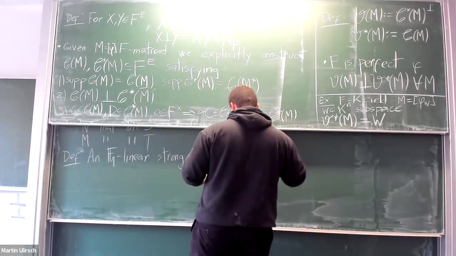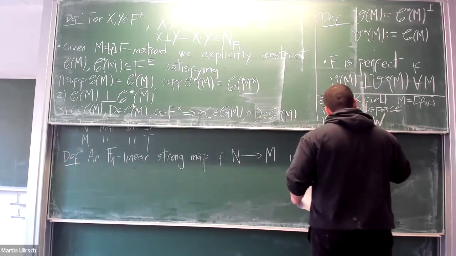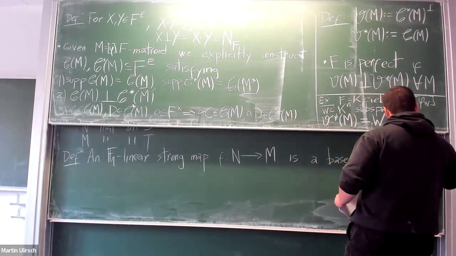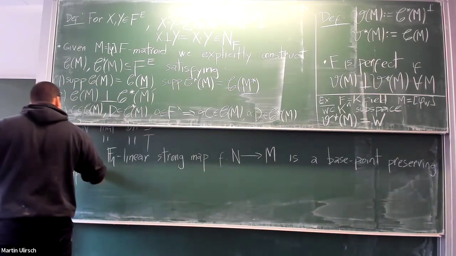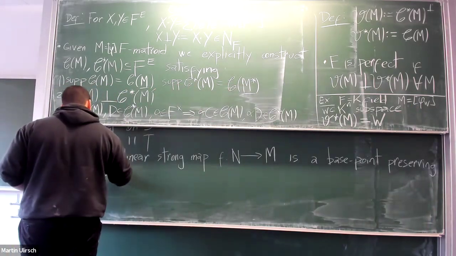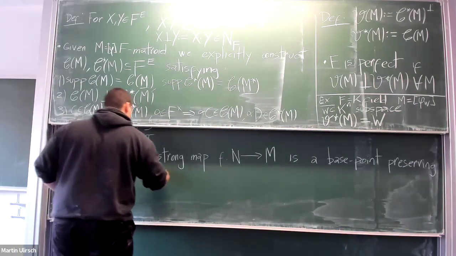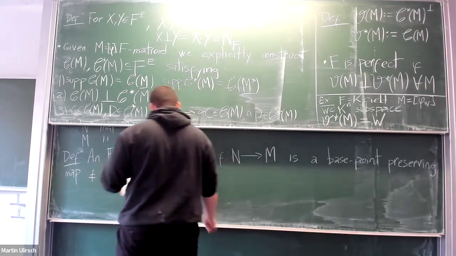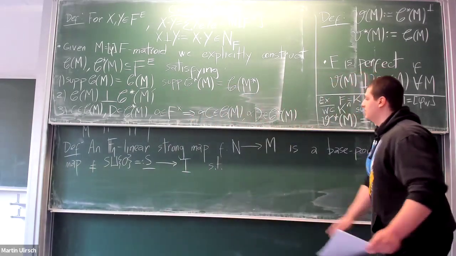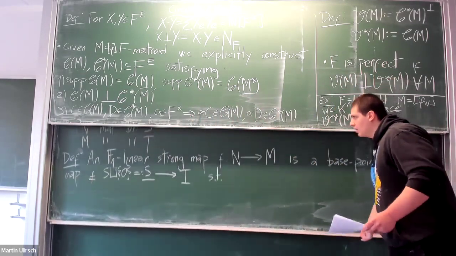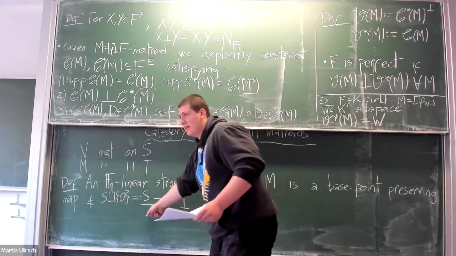And it is which base points on my set S and on my set T also, such that a linear strong map between these two matroids is a pointed map between these pointed sets.